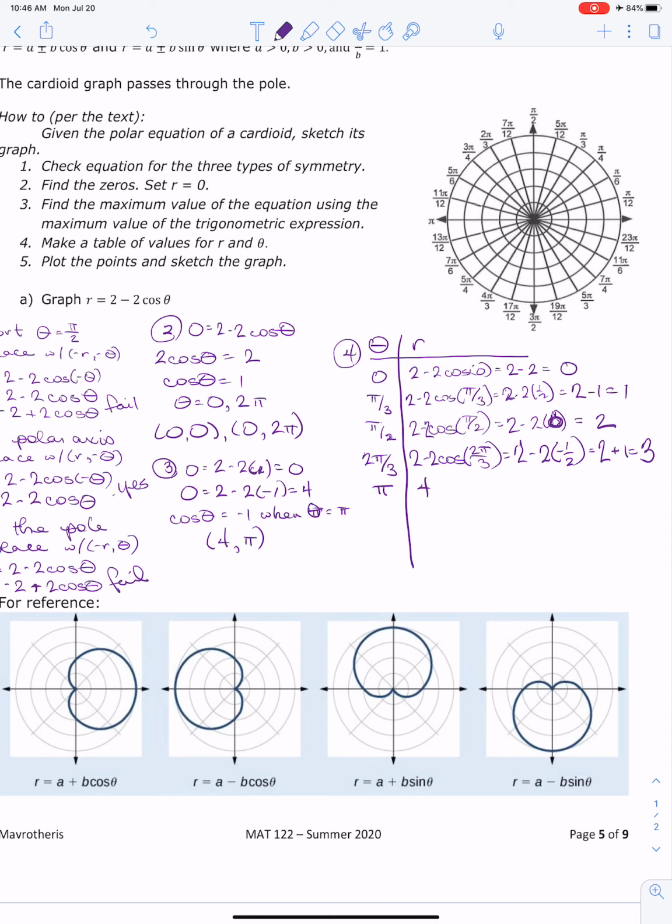I know this is going to reflect, but just to be safe, I could take a look at 4 pi over 3. Cosine at 4 pi over 3 is negative 1/2. I get that 2 plus 1 again, which is 3. I can go 3 pi over 2.